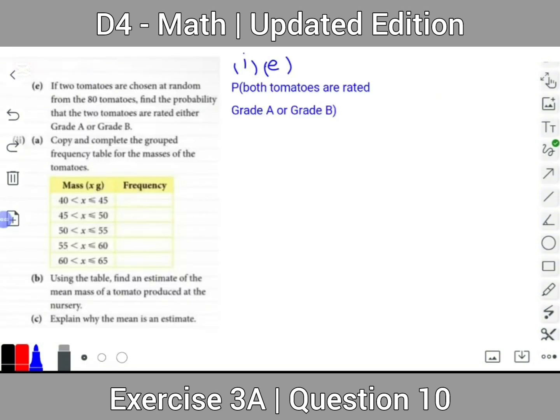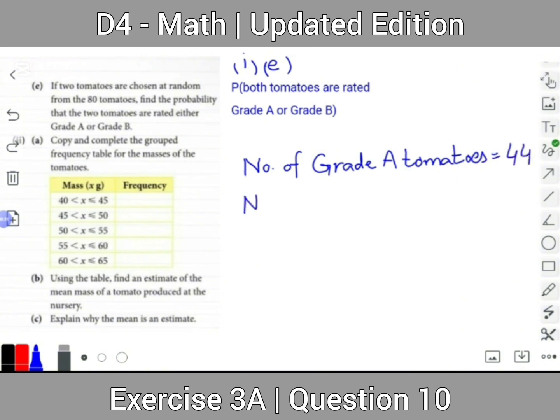Now in part 1E, if two tomatoes are chosen at random from the 80 tomatoes, find the probability that two tomatoes are rated either grade A or grade B. Since we have found the number of grade A tomatoes from part 1A, and that was equal to 44.